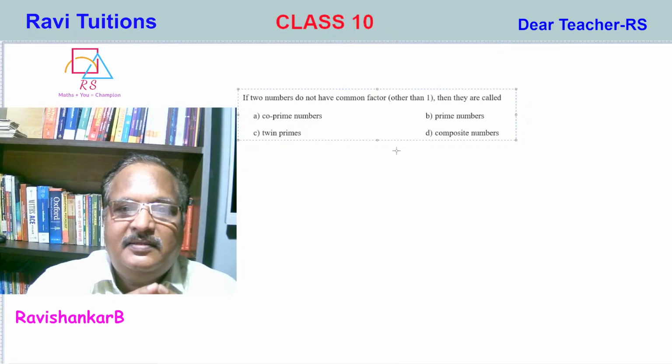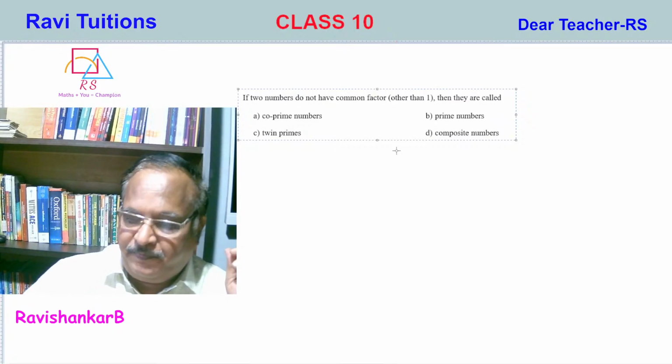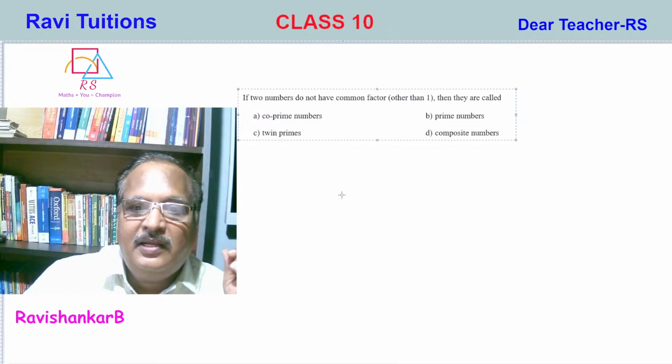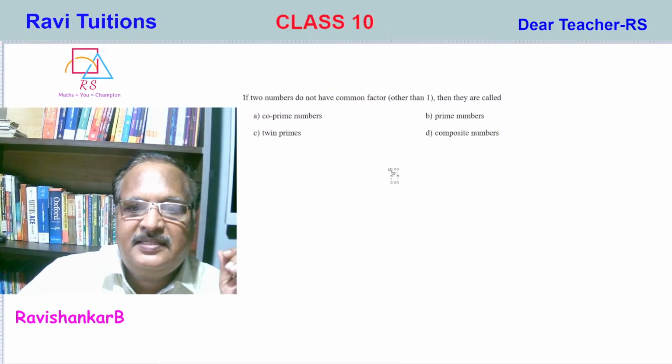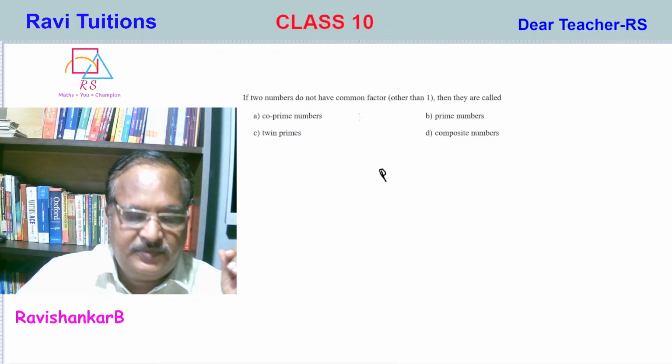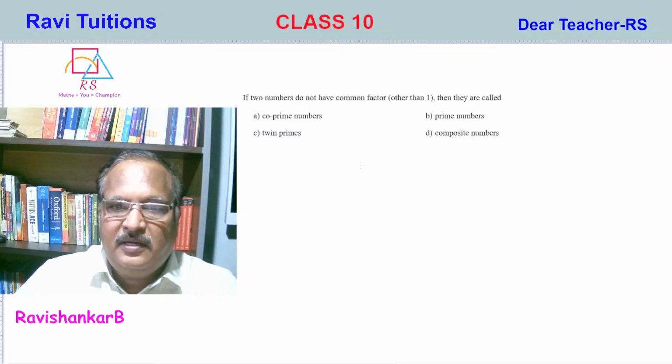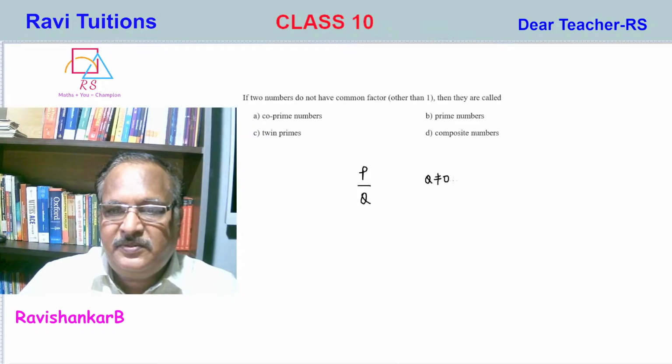So here we learn the rational number definition. It is p by q. p by q is the rational number where q is not equal to 0 and p, q are integers.